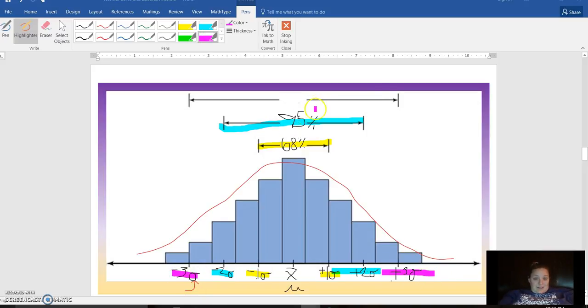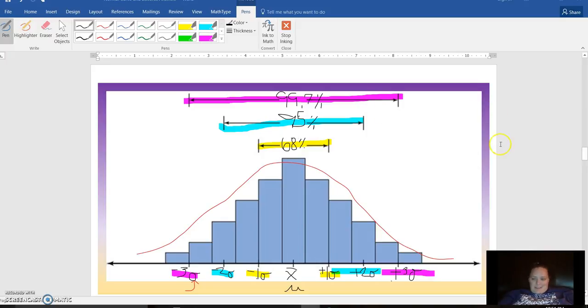Within 3 standard deviations, the chunk of it is 99.7%. All right.